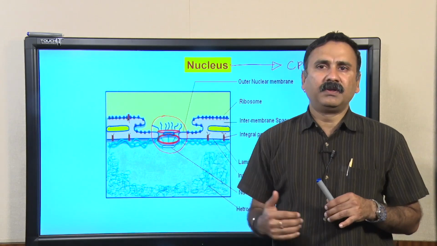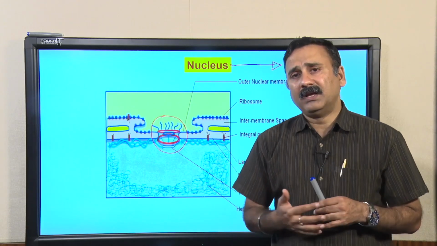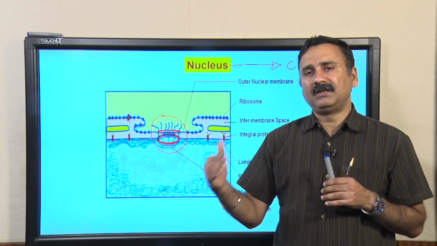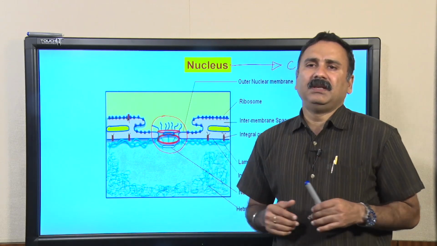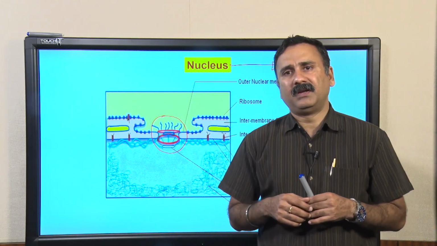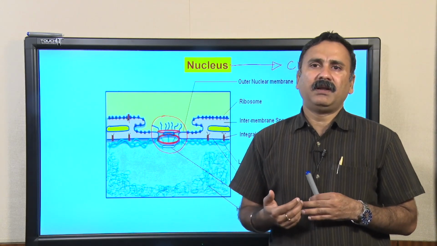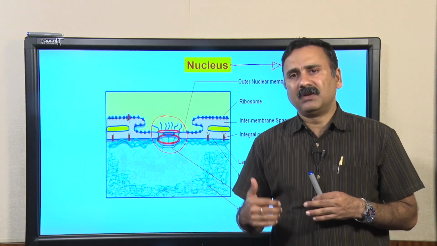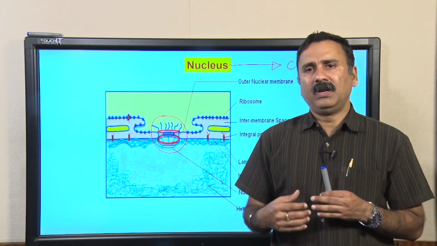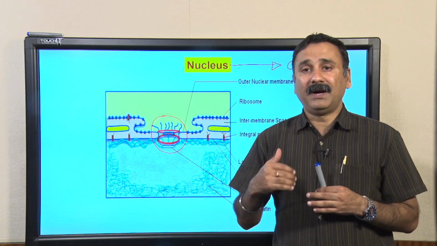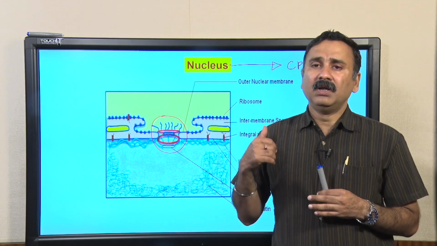These transcription factors go and bind to their respective genes inside the nucleus, and that is how they increase the transcription of those particular genes, and that in turn changes the different types of proteins present in the cell, and that in turn regulates the carbohydrate as well as other metabolic reactions within the cell. That is how the insulin is controlling the different metabolic reactions in the cell, but it is all being mediated with the help of the nucleus.